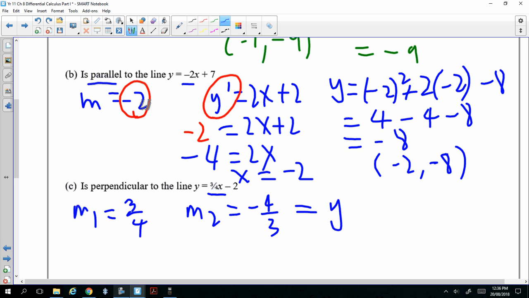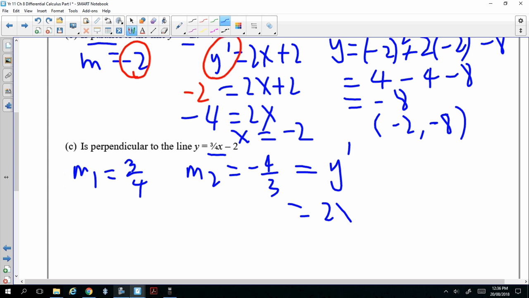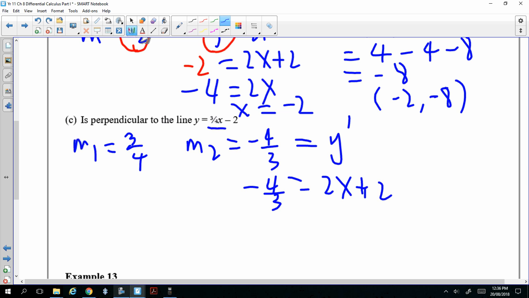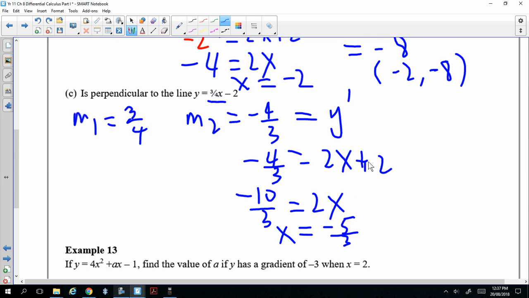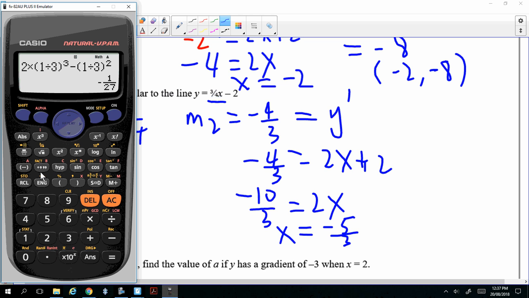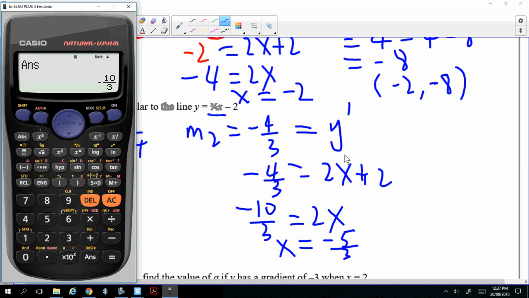So -2 will be -10. So x is -5/3. Well, use your calculator. y dash is 2x plus 2. You do -4/3, subtract by 2. Get that.